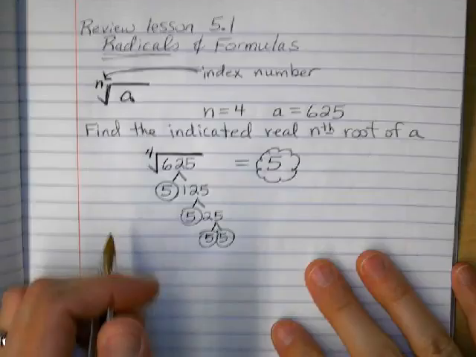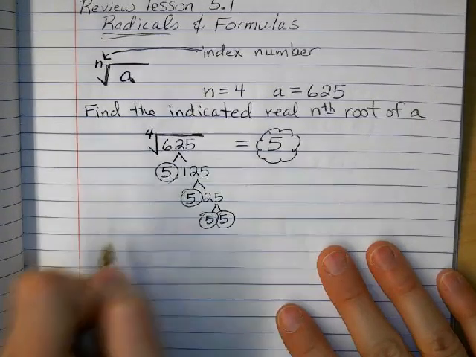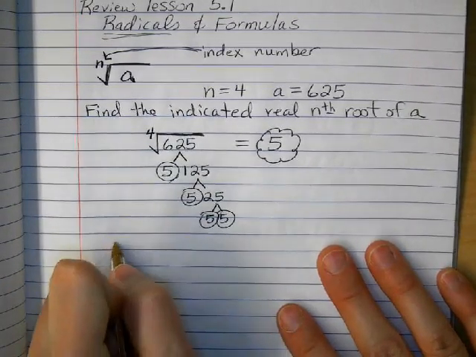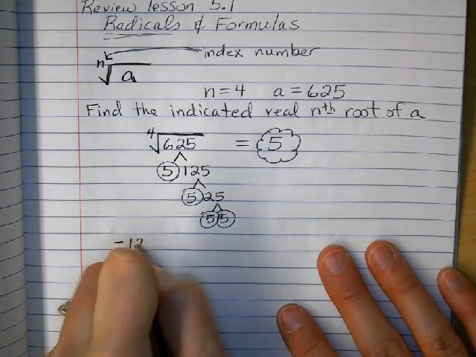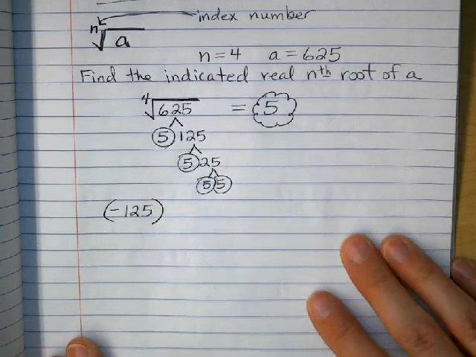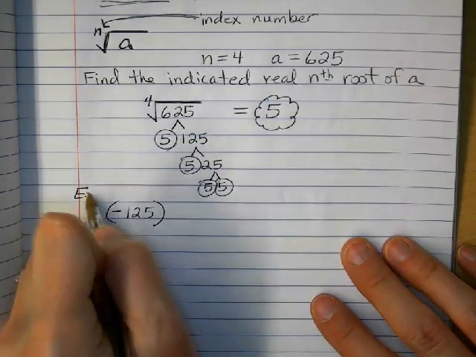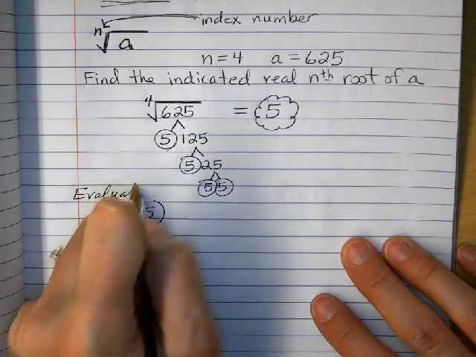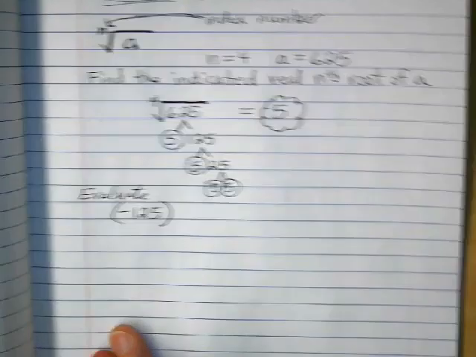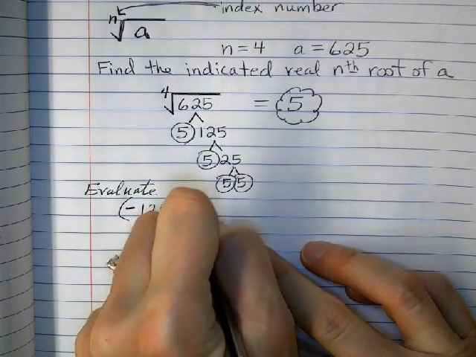Let's try another one. Let's say I wanted you to figure out, this time I'm going to put negative 125, a negative number, and put it in parentheses. And the directions say evaluate. Okay, so this time we're going to try negative 125 to the 2/3 power.